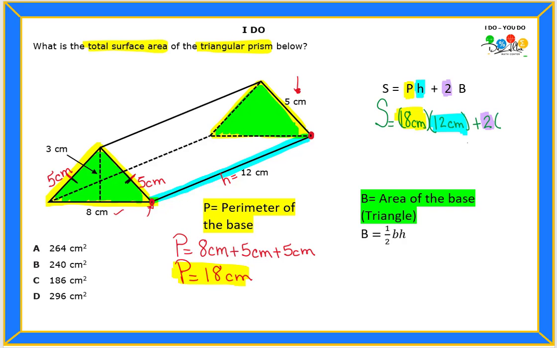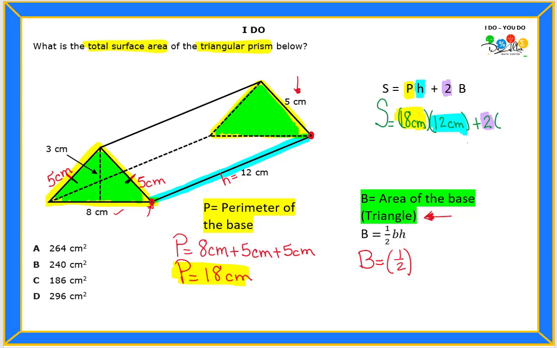Now, I am dealing only with that shaded section that is green, okay? So please don't be confused and try to use the wrong height. We're talking about only the triangle, okay? Just the triangle. So I'm going to write down capital B, which is area of the base, right? I am going to multiply half times the base and the height.